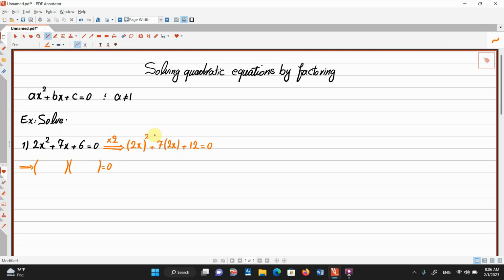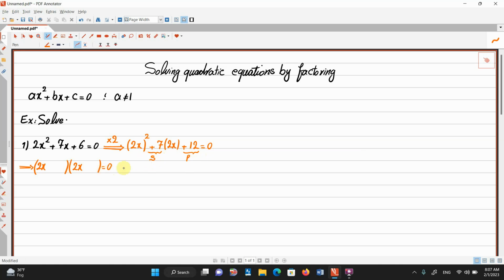Inside each of these parentheses, put the square root of this quadratic term. The square root of this term is 2x, a 2x in the first parentheses and a 2x in the second parentheses.